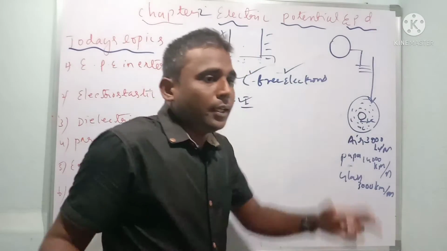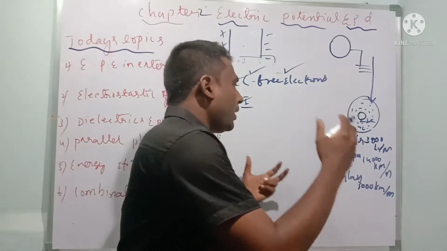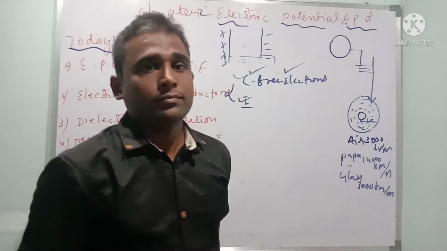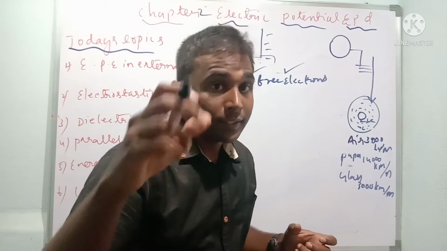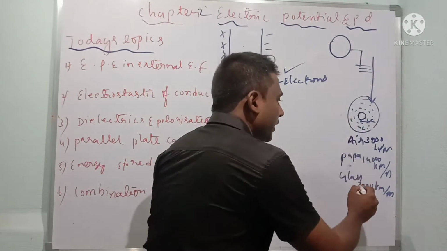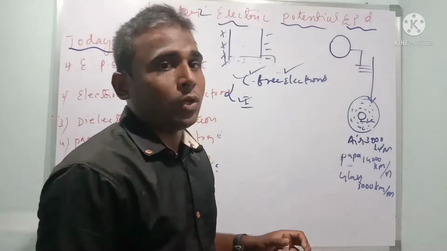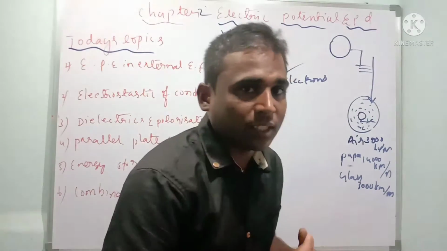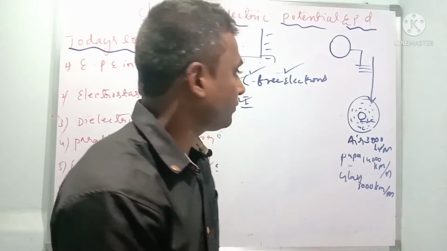Dielectric breakdown means the amount of electric field given to the insulator to turn the insulator into a conductor. So these are all dielectric breakdown values. Dielectric strength means the amount we can give before it breaks.